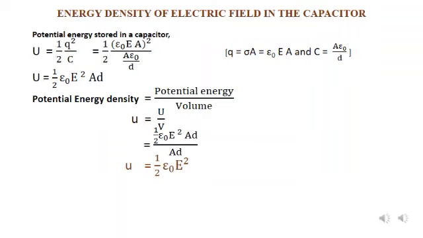But potential energy density means potential energy per unit volume, which equals total potential energy divided by total volume.